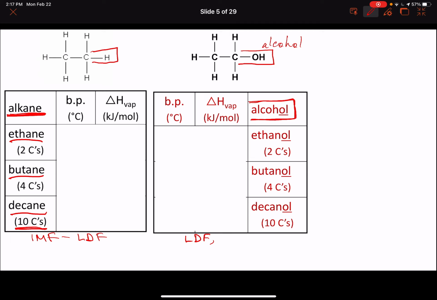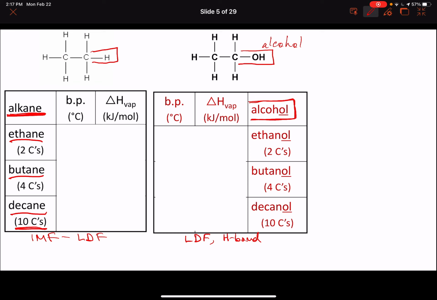Yeah, we are talking about the FON feature, oxygen bonded to a hydrogen. So we're talking about the hydrogen bond. Okay, the hydrogen bond, as you recall, is the strongest intermolecular force that we have, and it's going to tether alcohol molecules to other alcohol molecules stronger than those without it.